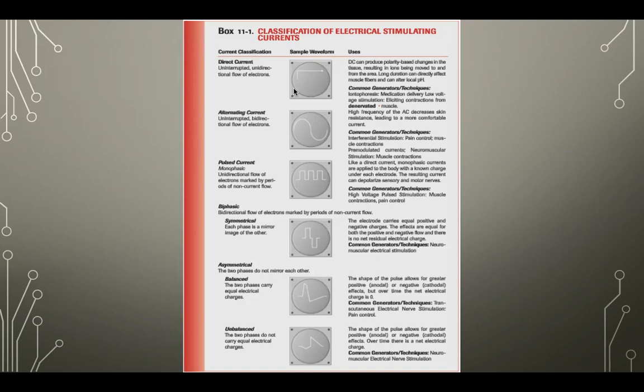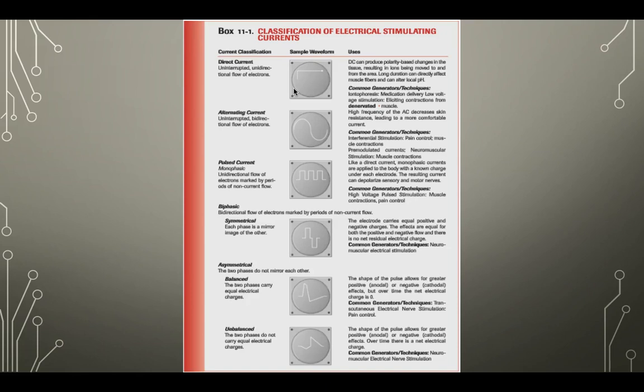In an alternating current, they use a transformer to turn the poles from positive to negative and to keep switching. And so you get this sine wave, or some version of an up and down wave. So the current cyclically changes. The sine wave is the most basic form of that.